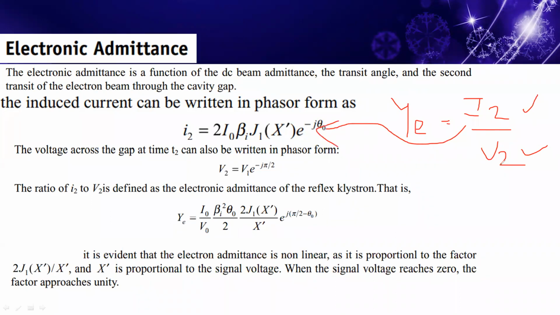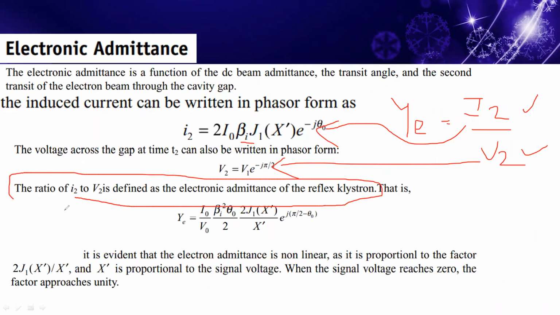I2 equals 2 I naught J1 of X, e power minus j omega, into some amplitude factor. Similarly, we know V2. The ratio of I2 and V2 is defined as the electronic admittance.